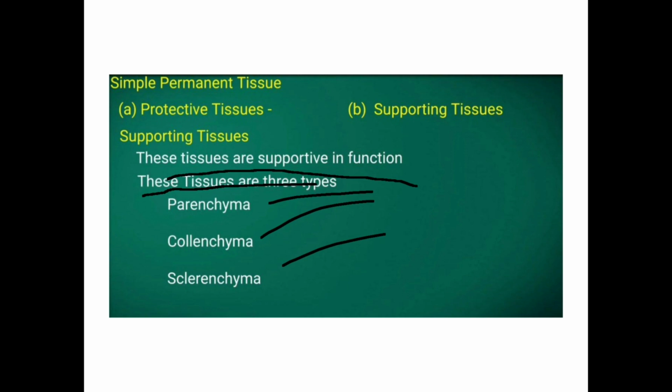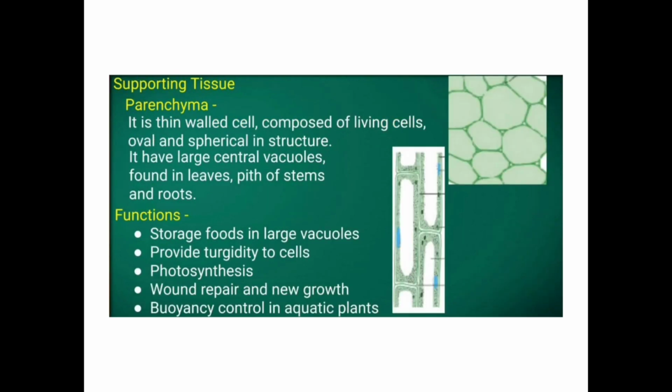Okay. So the first one is parenchyma. It's the first supporting tissue. Parenchyma is composed of thin walled, living cells. It is oval and spherical in structure.